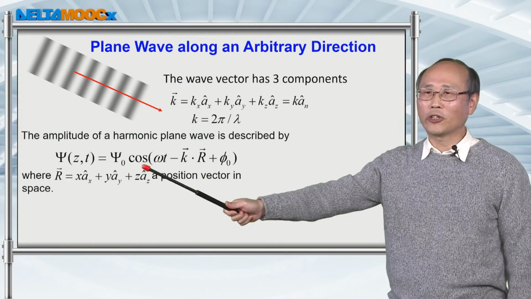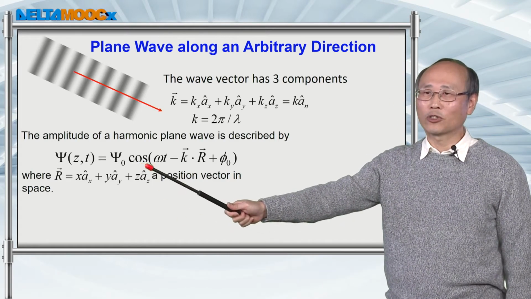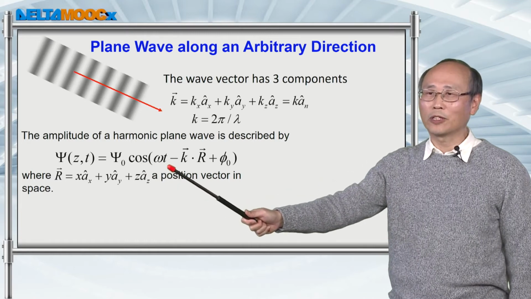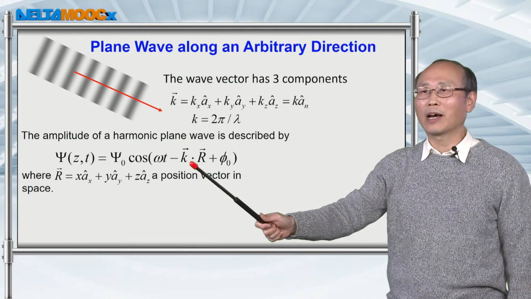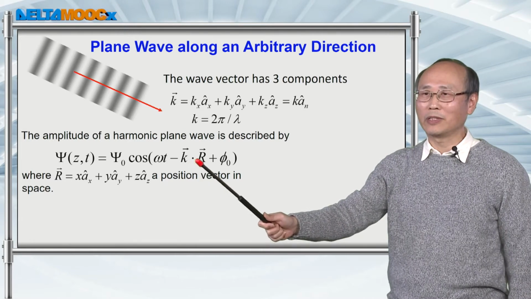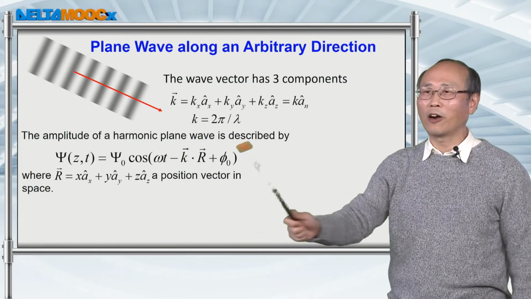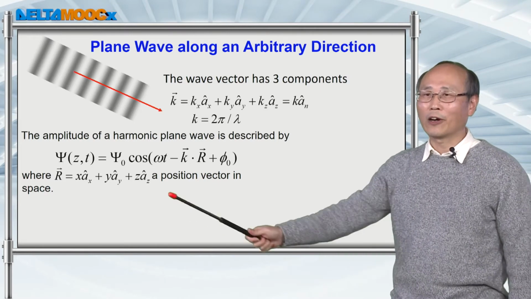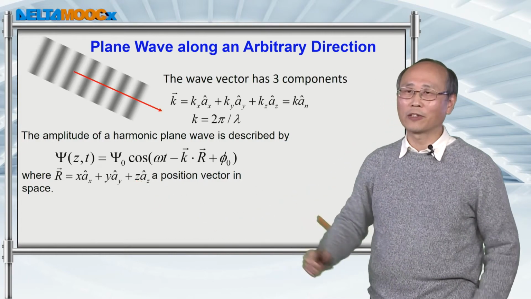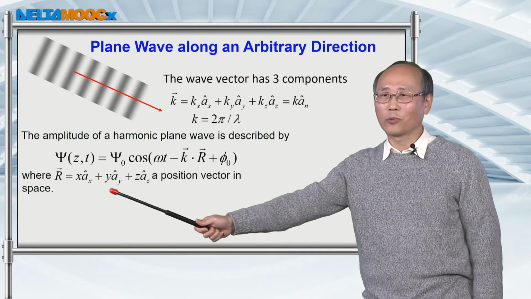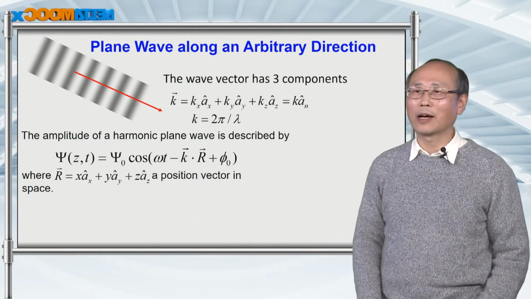So now, in general, I can write the sinusoidal wave, the harmonic wave, into this form by replacing previously k multiplied with z with this k dot r, these two vectors. And r is just, in general, the position vector, x ax, y ay, and z az.